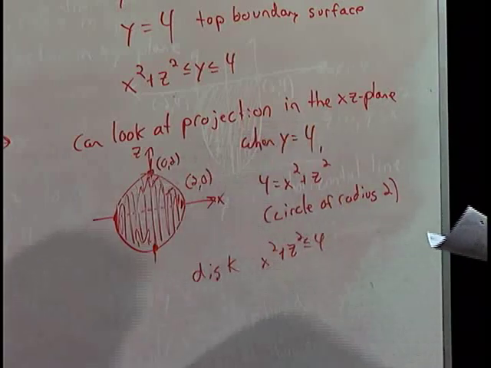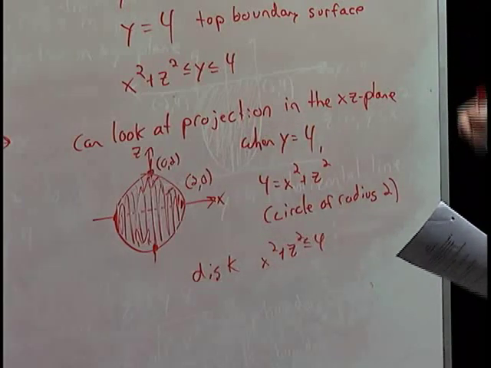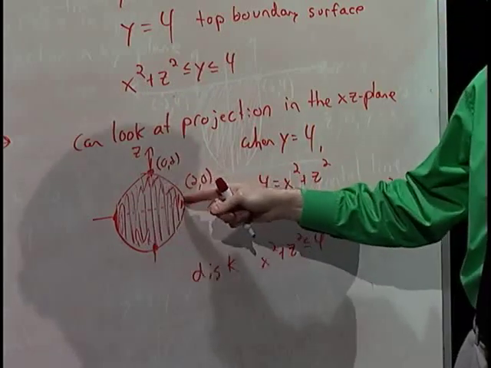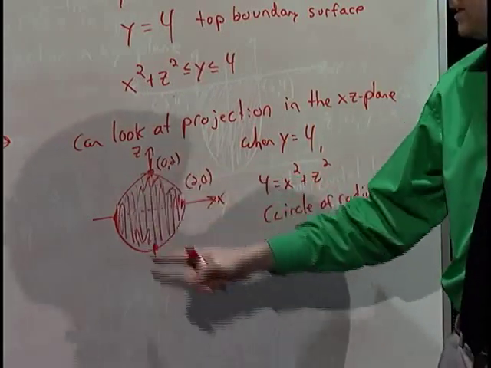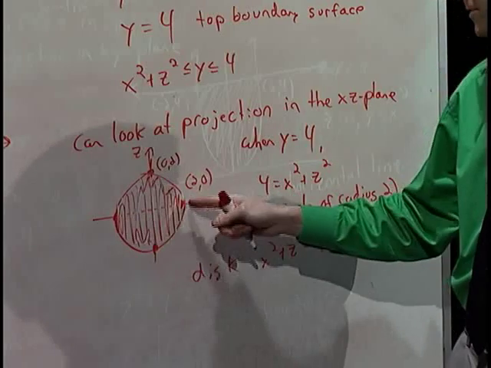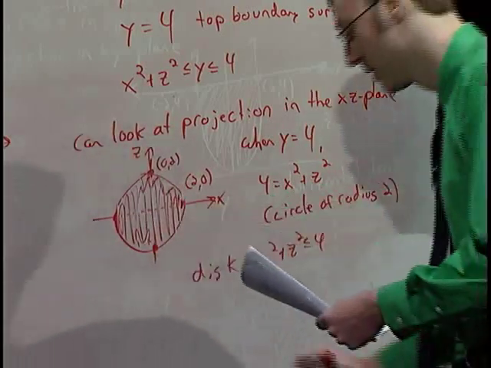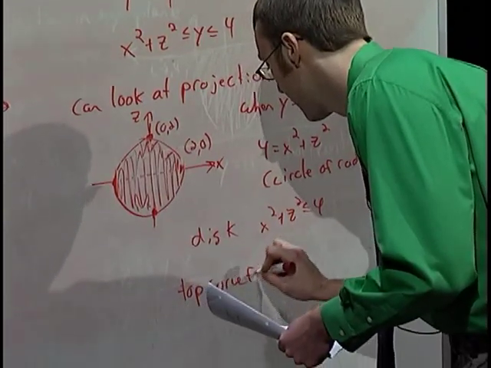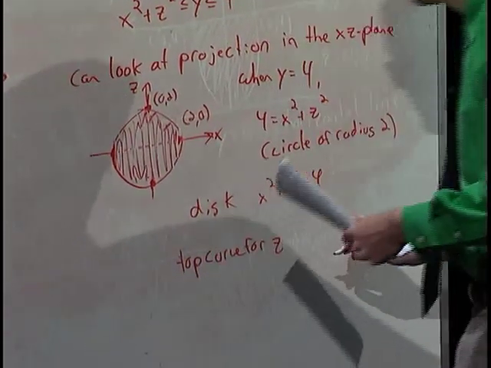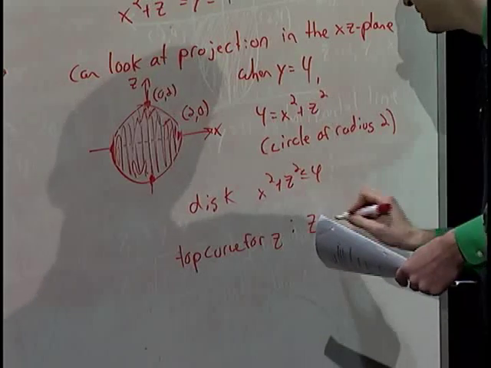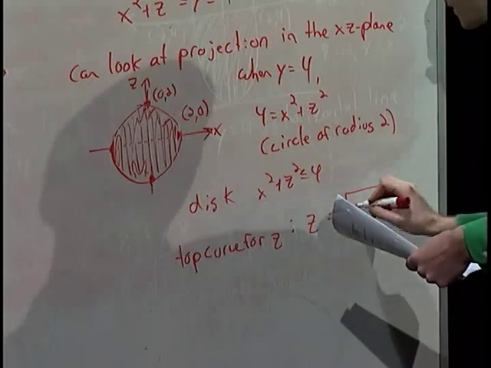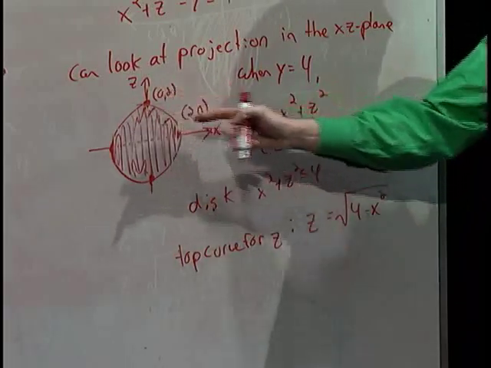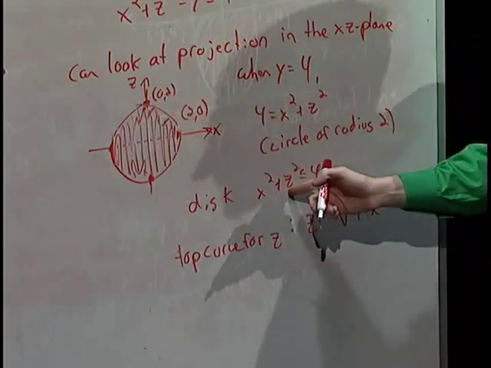Okay, and therefore, if we can define this in terms of z, well, again, z has a top surface, the top half of this circle. Z has a bottom surface, the bottom half of this circle, right? So the top curve for z is just z equals square root of 4 minus x squared, right? That's the top half of this thing coming from solving this for z.